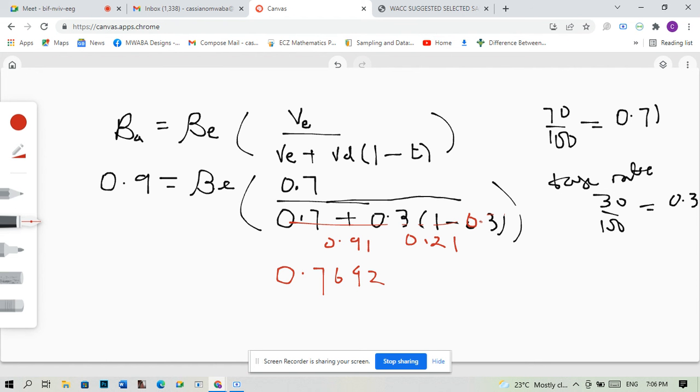Then plus 0.7. So then the 0.21 plus 0.7, you get 0.91.